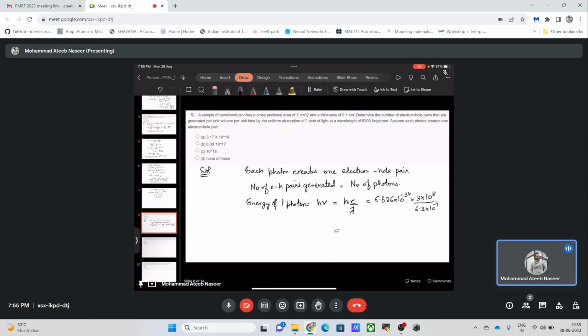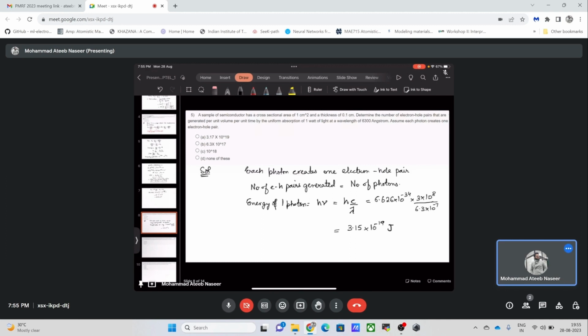So let me solve this simply. It is 6.626 into 3 divided by 6.3, so it's 3.15, and it will be 10 to the power of minus 19 joule. So this is the energy of one photon.